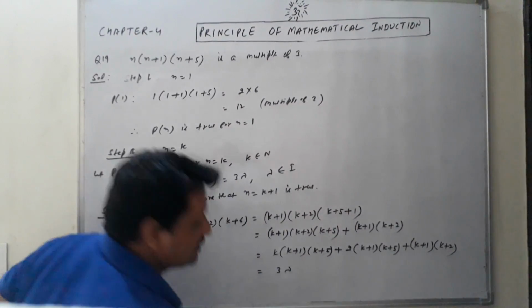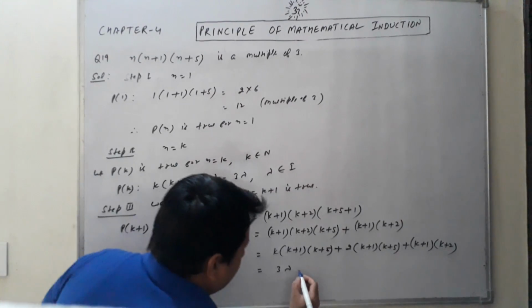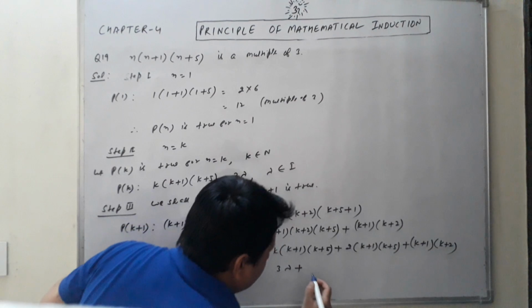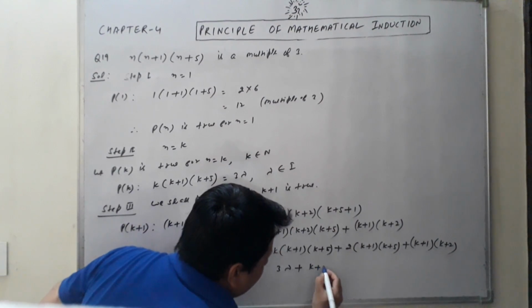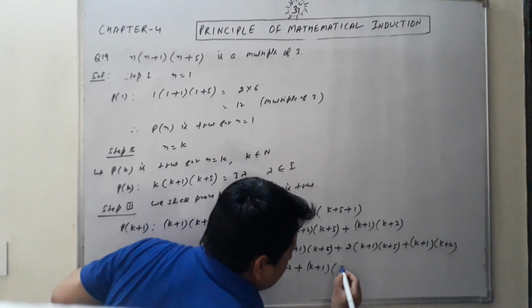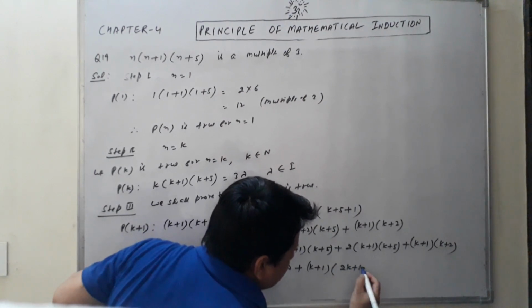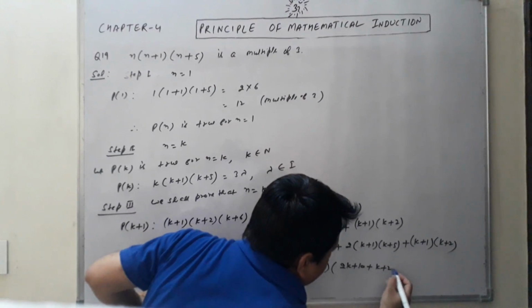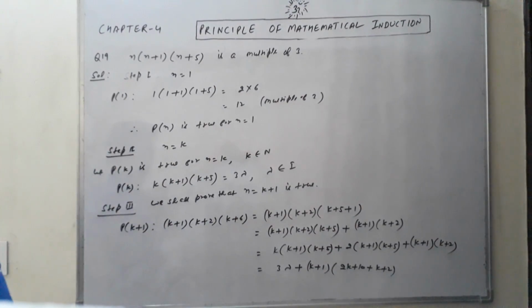So it will come as 3 lambda plus, here k plus 1 is common, and 2 into k plus 5, 2 fives are 10, plus this is k plus 2 students.